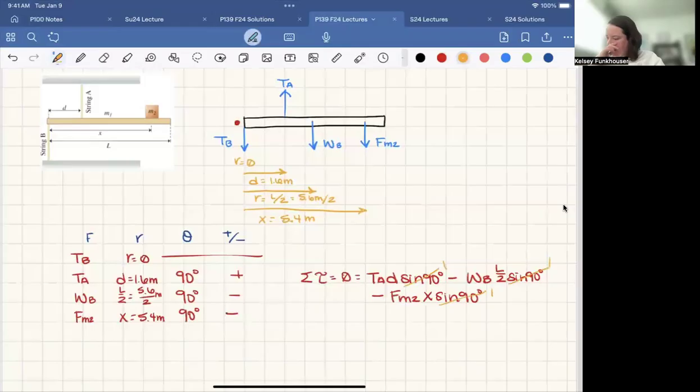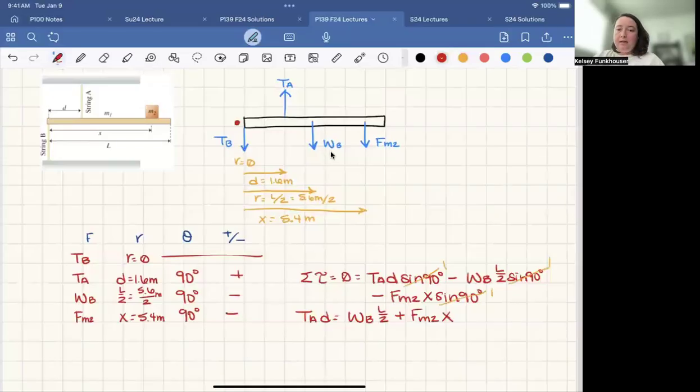And we are solving for tension A, so let's add the other 2 terms to the other side. So we have tension in A times the distance for A is equal to the weight of B times the length divided by 2 plus, they're added to the other side, force of mass 2 times x, its position.